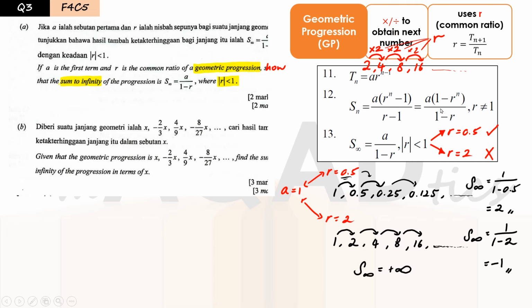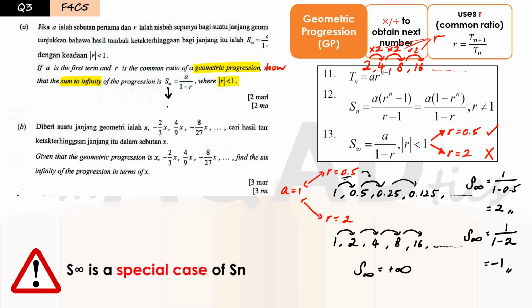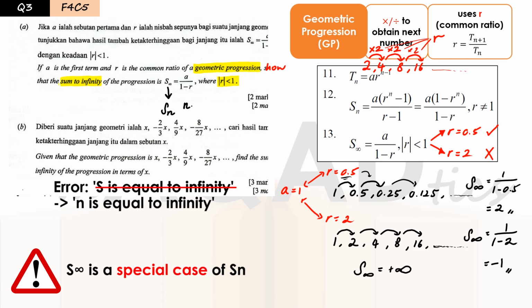And now let's go back to our question here. So again, we need to prove the S to infinity formula, but how do we do that? Actually, this sum to infinity formula is a special case of Sn, because this is when n is equal to infinity.